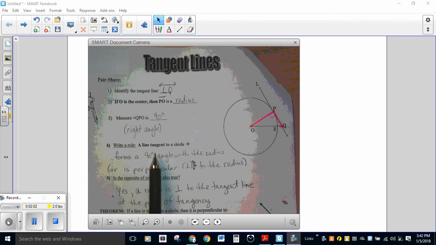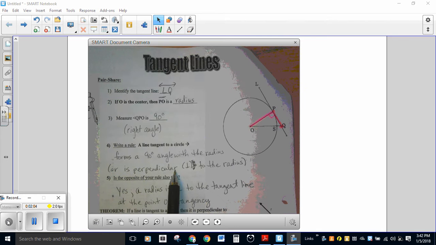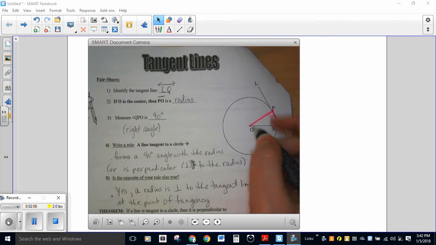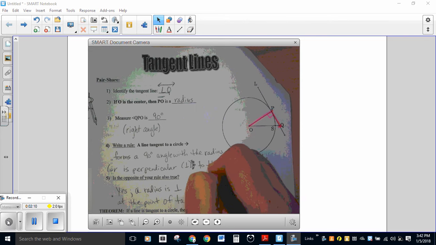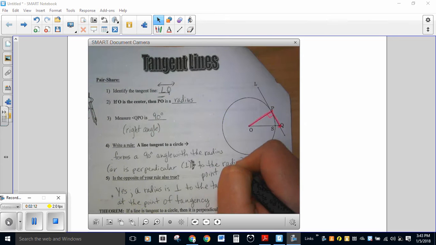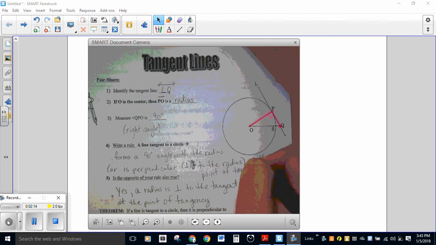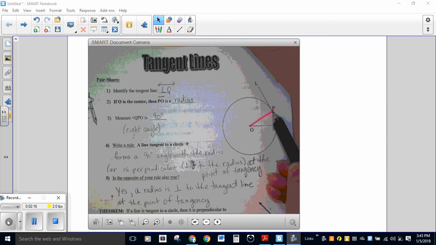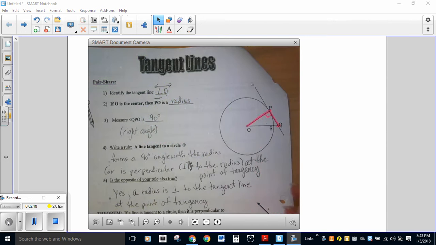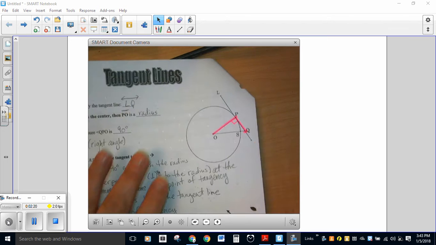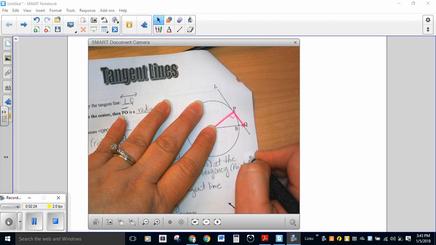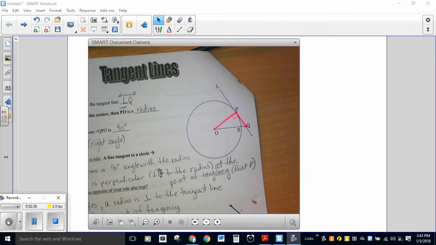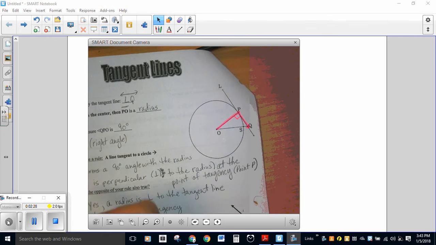So a line tangent to a circle is perpendicular to the radius at the point of tangency. Okay, the point of tangency is at point P.